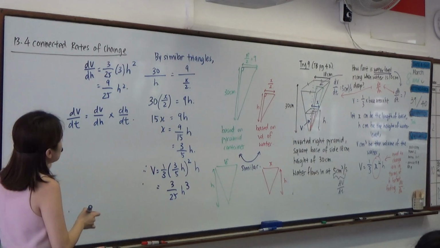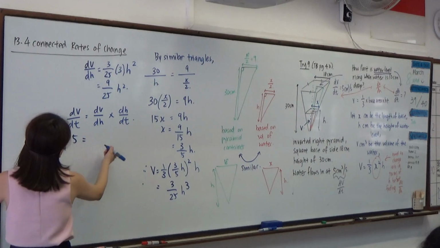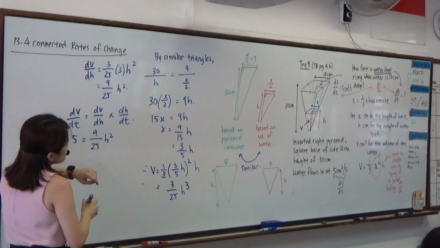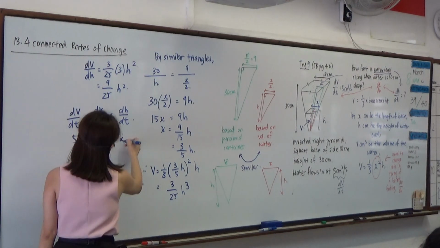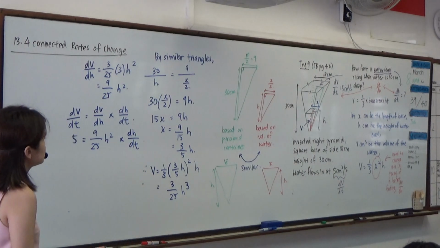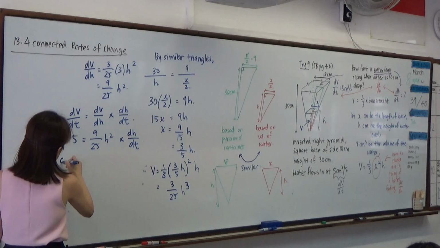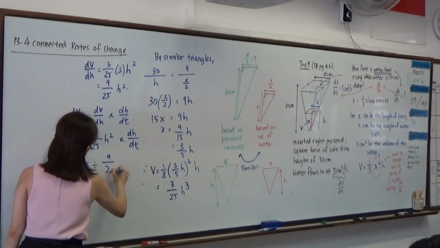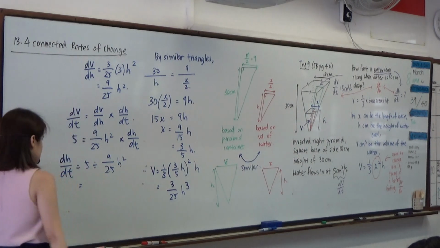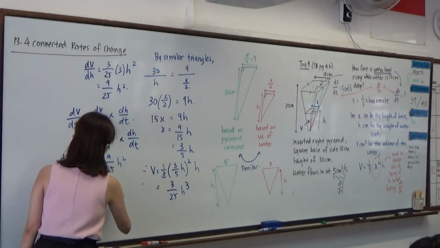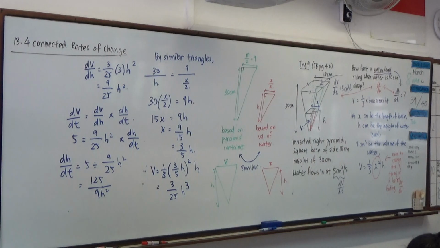dV over dt has been given to be 5. dV over dh is now 9 over 25 h squared. And dh over dt is what we want to find. So dh over dt will be 5 divided by 9 over 25 h squared. That will give us 125 over 9 h squared.